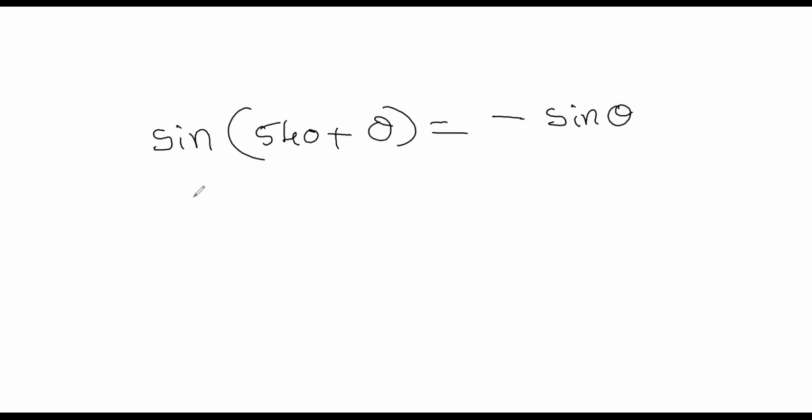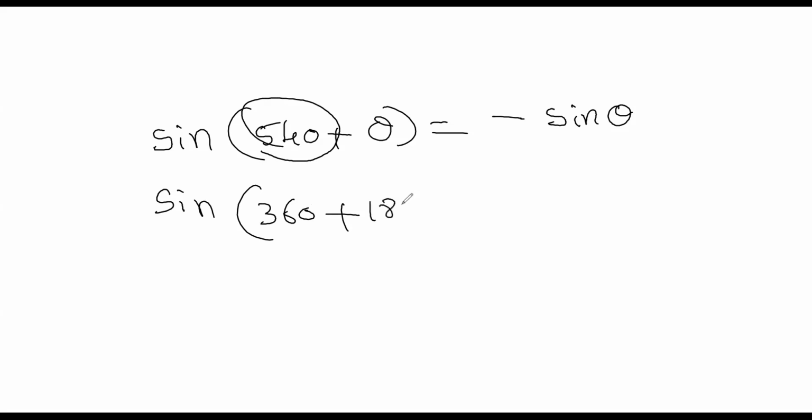Let's see. 540, so sine of 540, you have to write 540 as 360 plus 180. So 360 plus 180 plus theta.